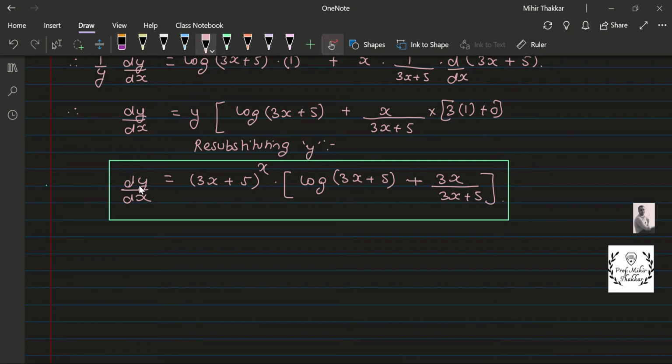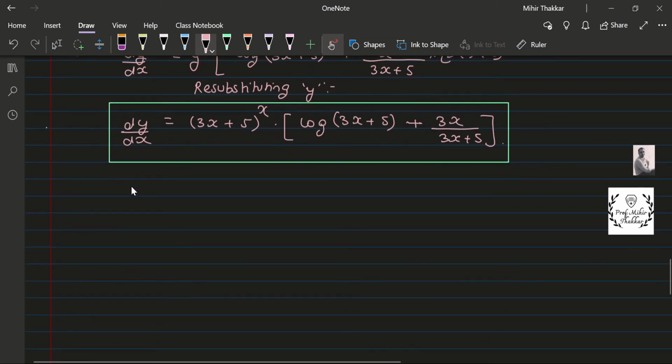Now let us see the next type of question, where we are having some different powers of variables and some different powers of functions, and let us see how we solve that.